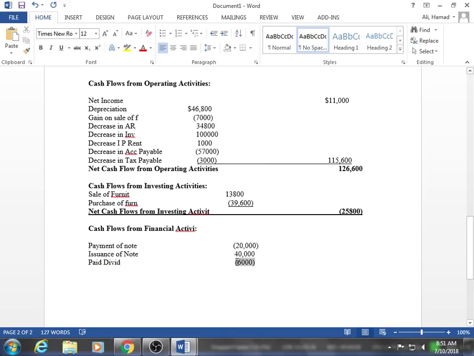All right. So what is the total here? What is the balance? Positive 14,000. The net cash flows from financing activities, positive $14,000. Let me make that bold.